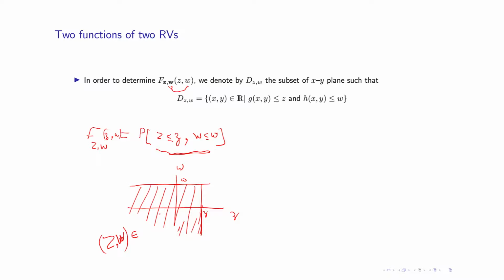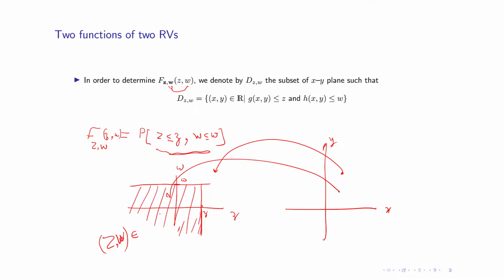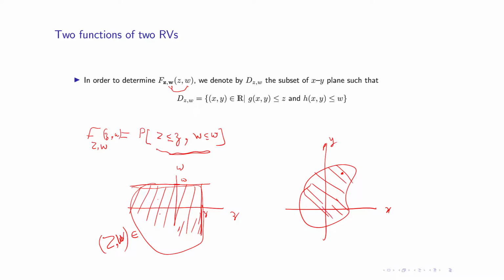Obviously, these points are transformed from XY coordinates. So if this is x and this is y, each point here is mapped to some other point here. This point may be mapped here. So we are looking to find the inverse in XY. Let's say the set of points inside this area are the points that are mapped into this shaded area. So we need to find the probability of this one.